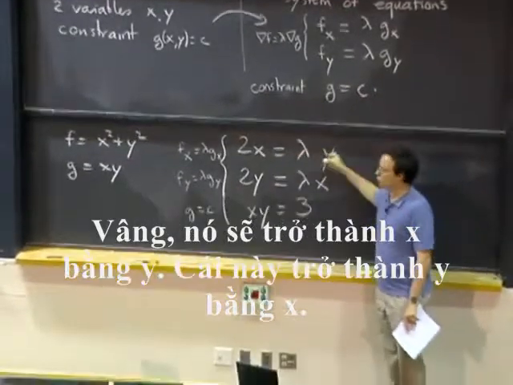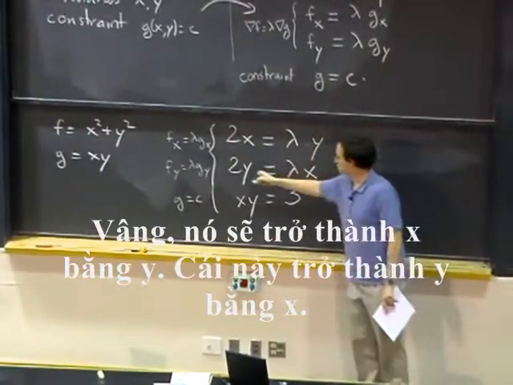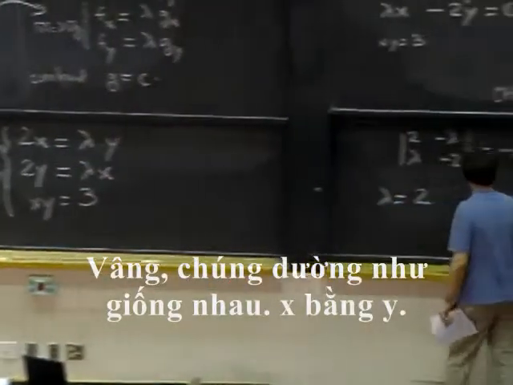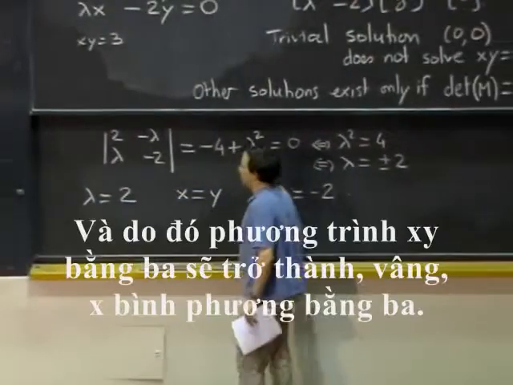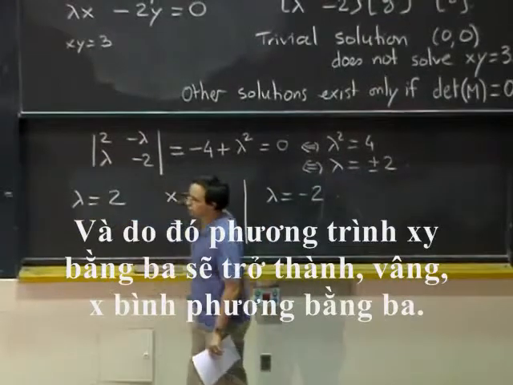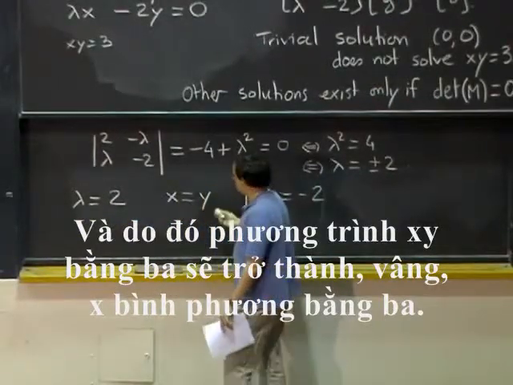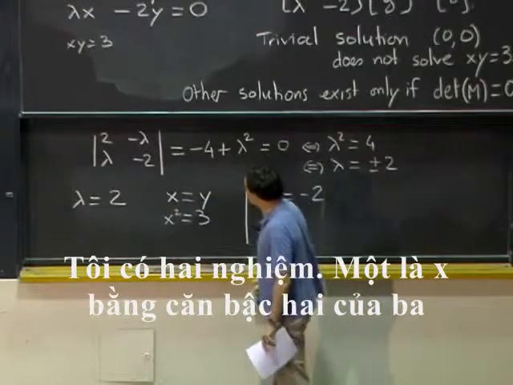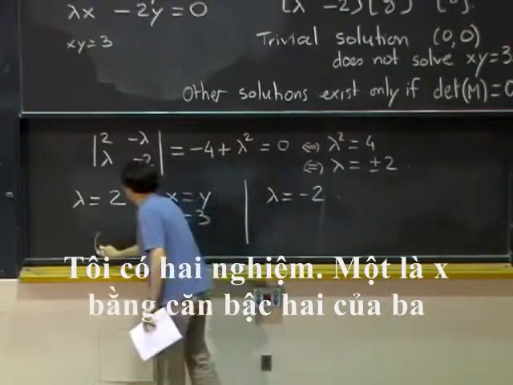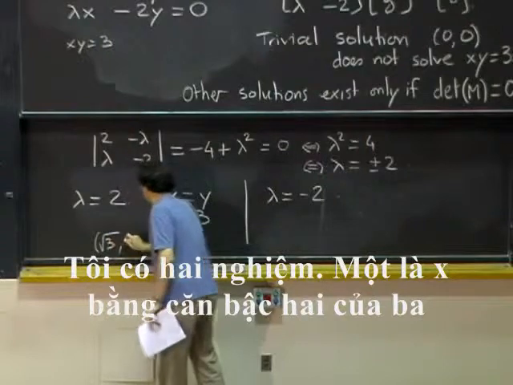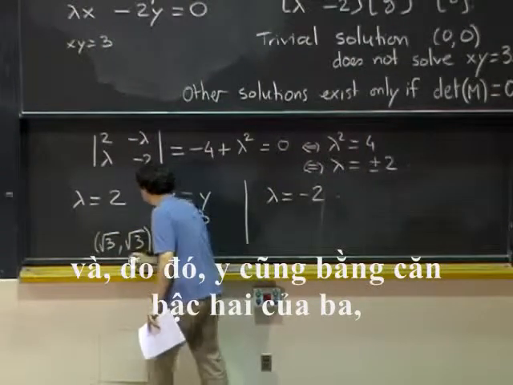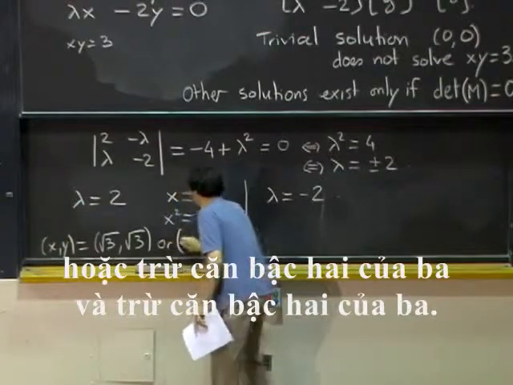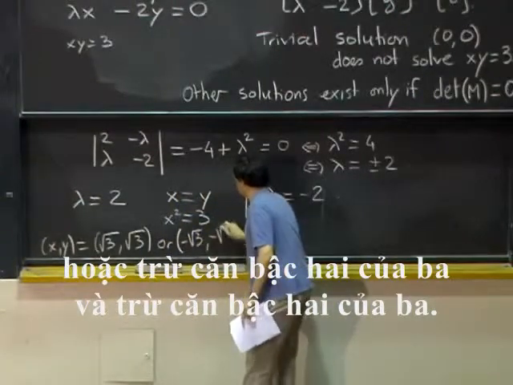Well, it becomes x equals y. This one becomes y equals x. Well, they seem to be the same, okay? x equals y. And then the equation xy equals 3 becomes x squared equals 3. So I have two solutions. One is x equals root 3, and therefore y equals root 3 as well, or negative root 3, negative root 3.